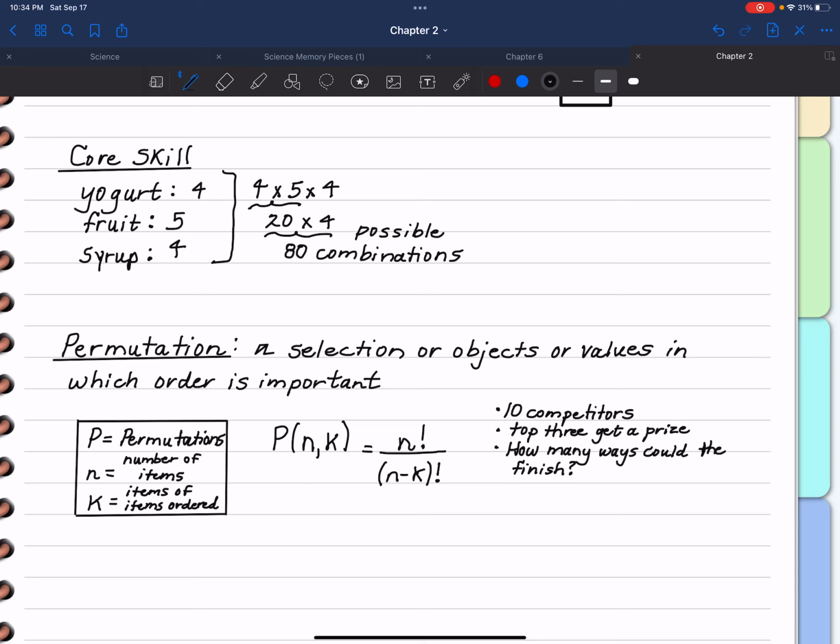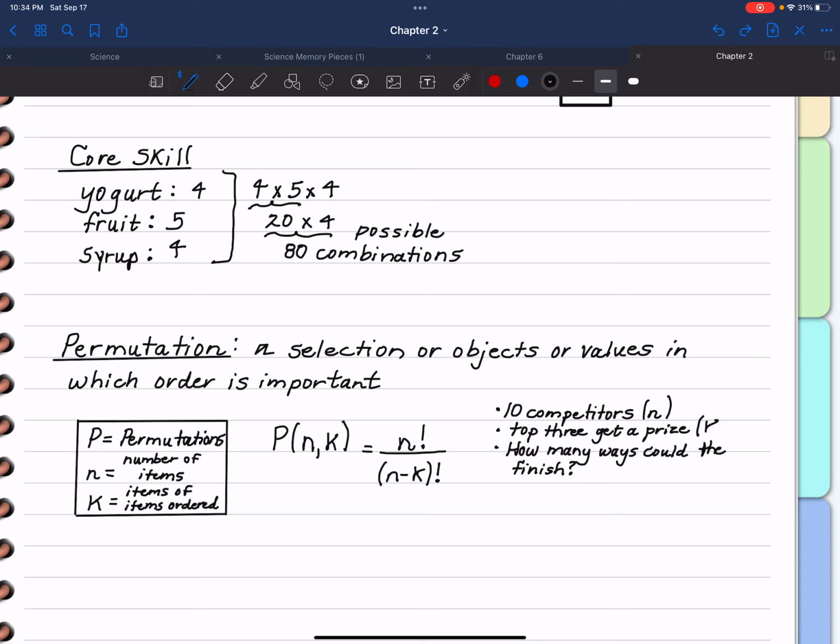Would that be P, N, or K? That's going to be N, because this is the number of people competing in this competition. K is the number of items ordered. It's only the 3 at the top that matter. So that is K. K is 3.